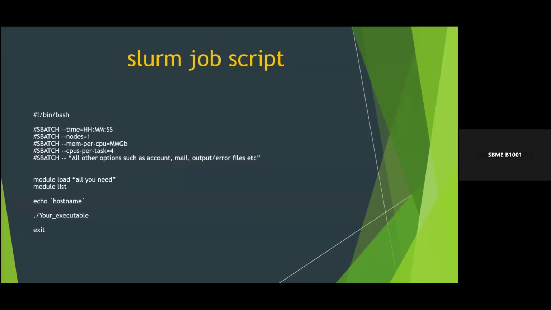The second line is how many resources I need, okay? We have multiple nodes, and now I am telling the scheduler that I will only use a single node simulation. I will use only one node. So that's sbatch minus nodes equal 1, okay? Then how many cores within this one node do I need? That's the third line.